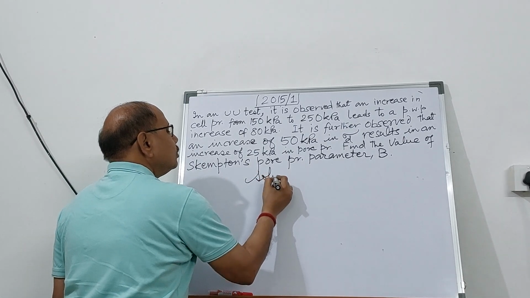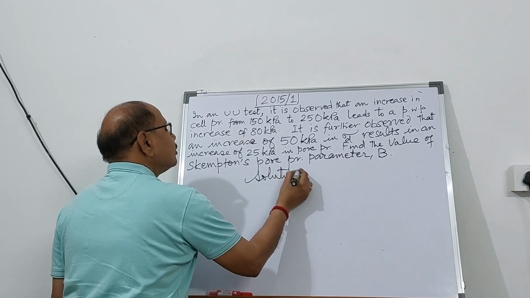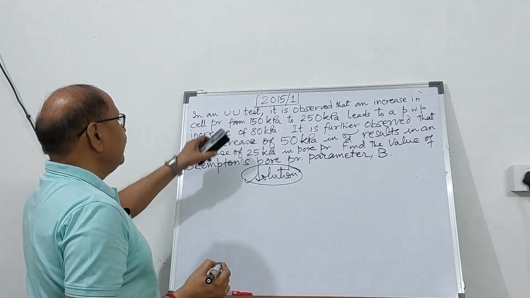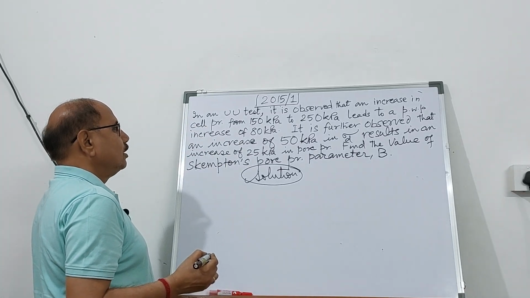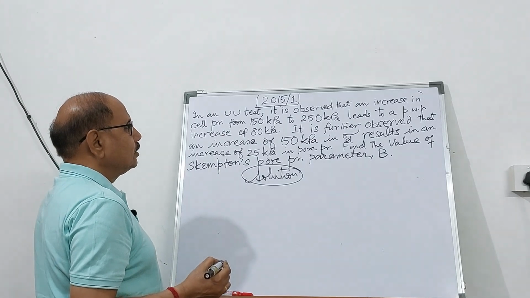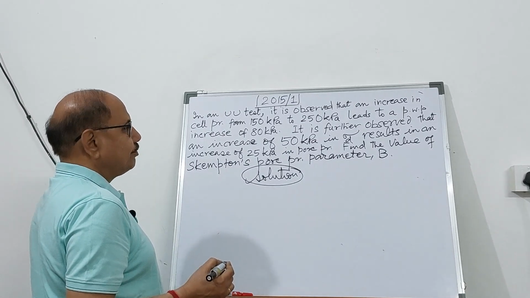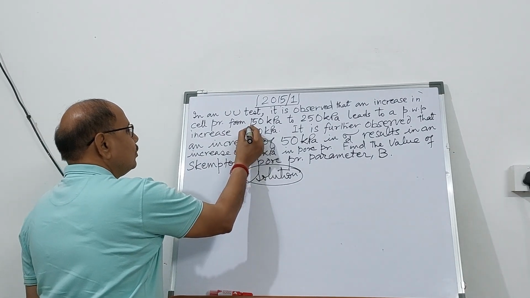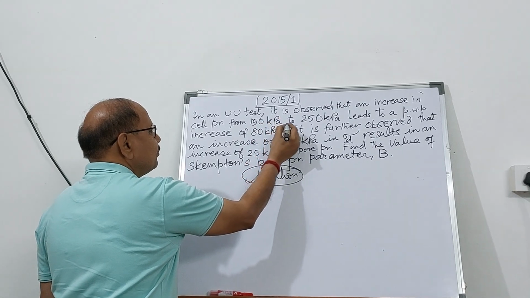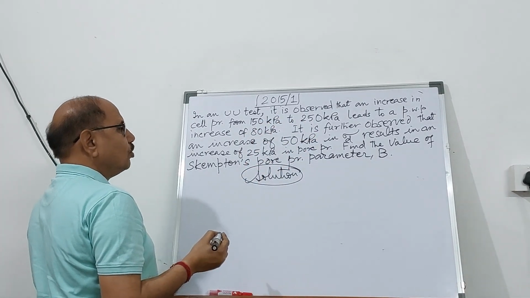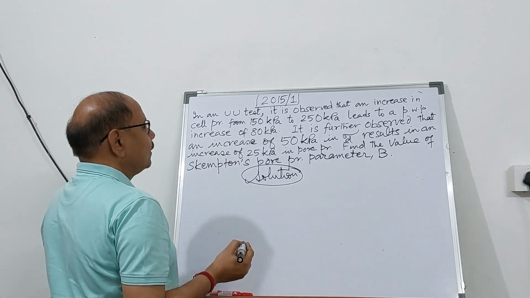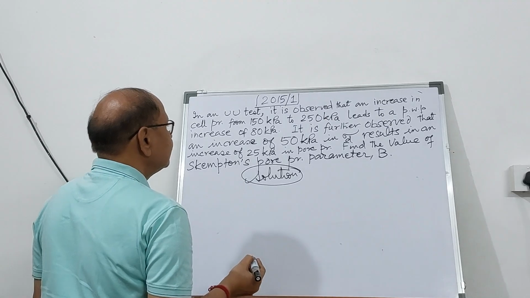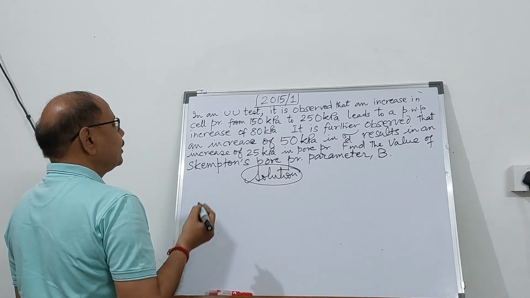So we can see the solution now. So you are conducting a UU test, unconsolidated undrained test, and you observe that an increase in cell pressure from 150 to 250 kilopascal leads to a pore water pressure increase of 80 kilopascal.